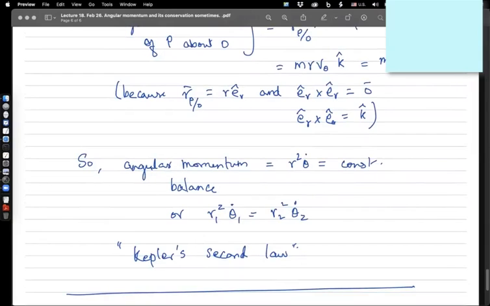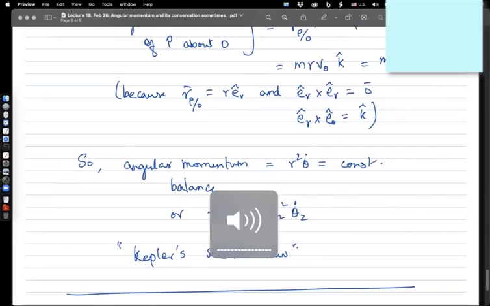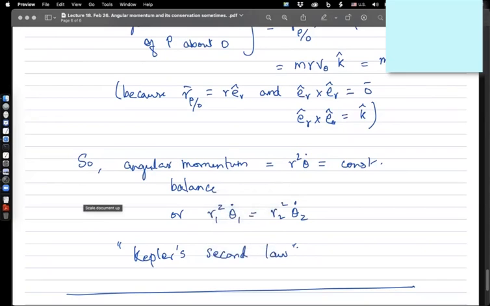Do people know the history of Kepler's laws, I guess? Why are Kepler's laws kind of important in the history of science and mechanics and so on? Someone says, Saron says it's about planets and stuff.